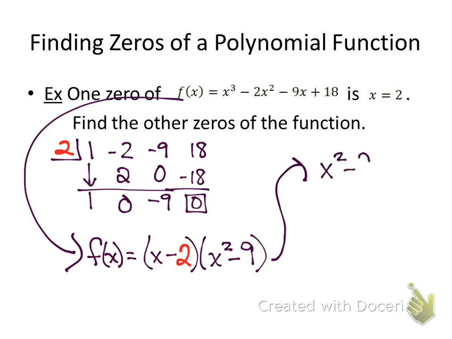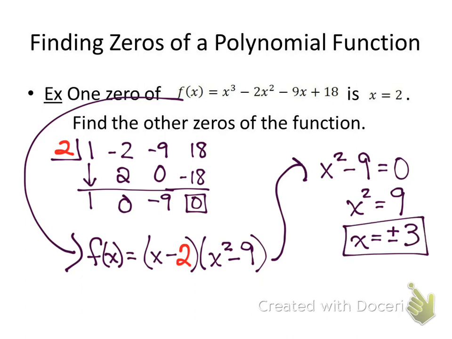The other factor, x squared minus 9, you've got to ask yourself, how can I find the other zeros? So we could either factor to figure out the zeros, saying x minus 3 times x plus 3, or we could use the square root method, add 9 to the other side, take the square root on both sides, and include the plus or minus. So the other two zeros are positive 3 and negative 3.